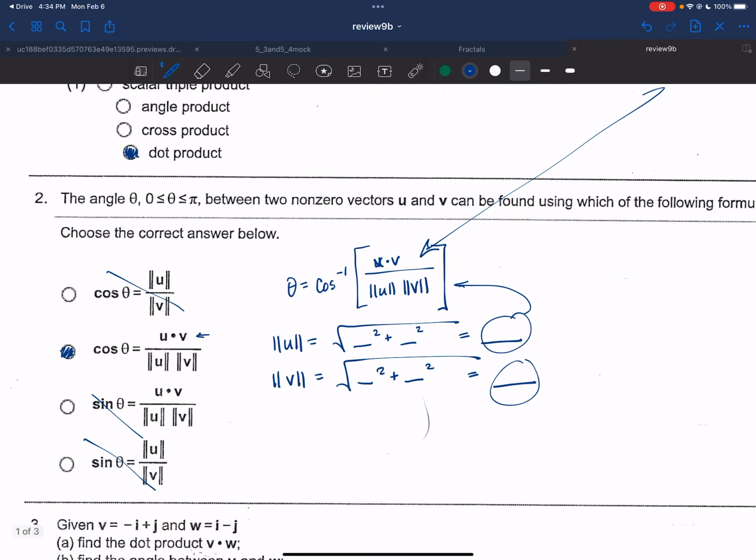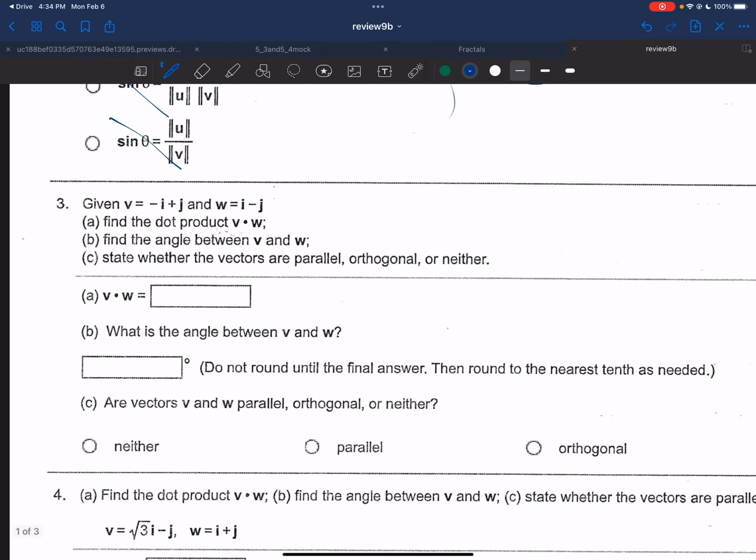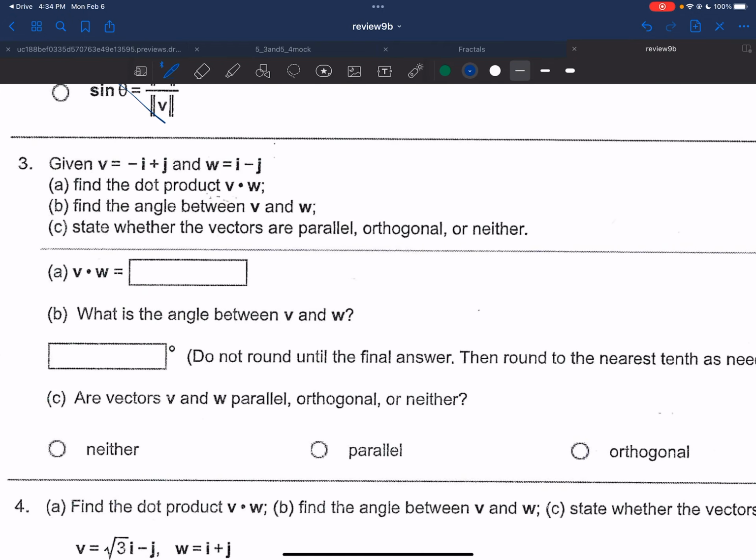Okay? All right, number 3, given v equals negative i plus j and w equals i minus j, find the dot product. Find the angle between them and state whether the vectors are parallel, orthogonal, or neither. Now remember, these are not going to be tested, but we'll talk about it anyway.